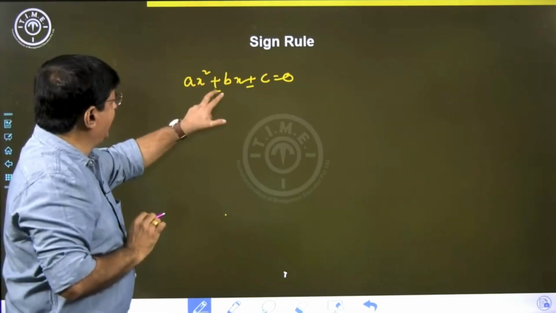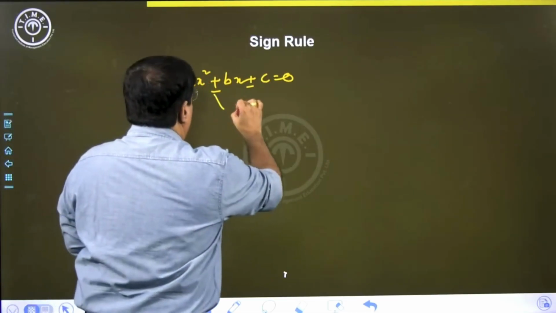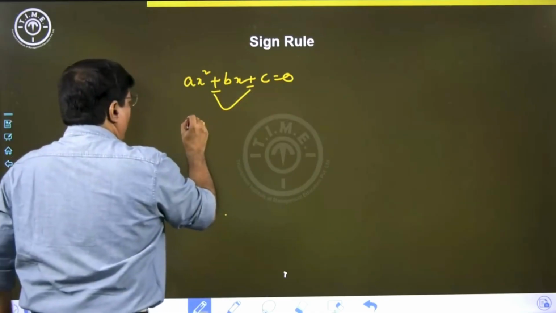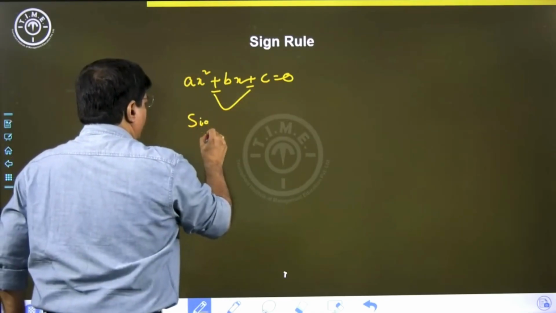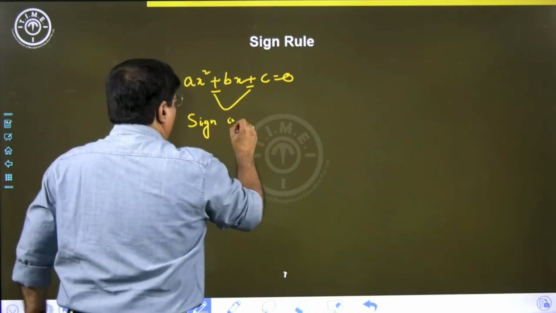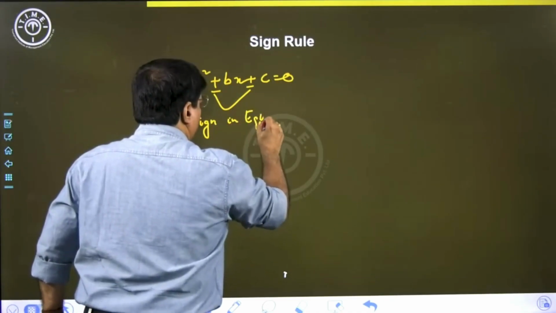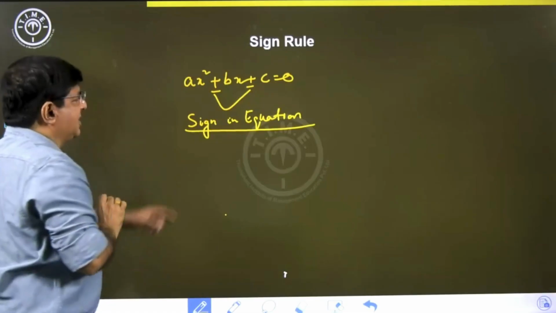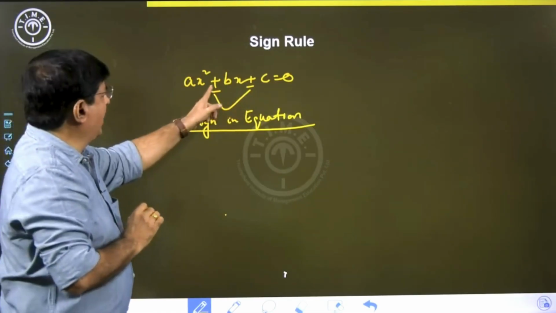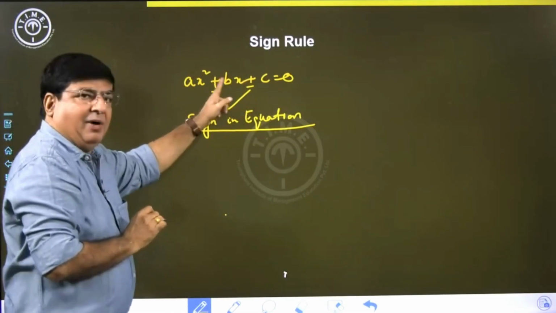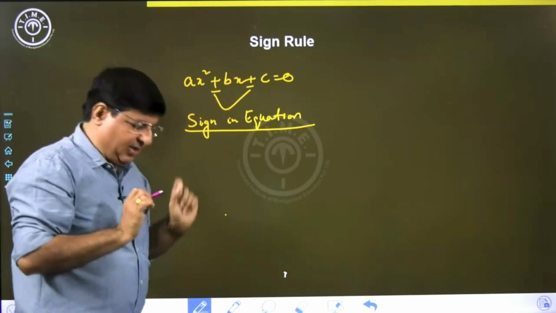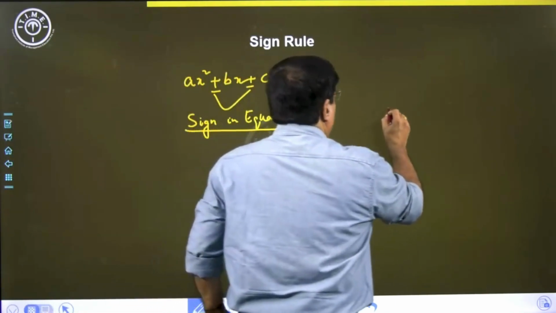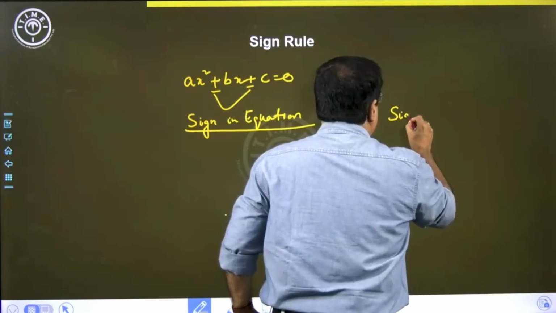If I call these the sign in equation, you can have plus plus, plus minus, minus plus and minus minus. Now let us compare this with the sign of roots.